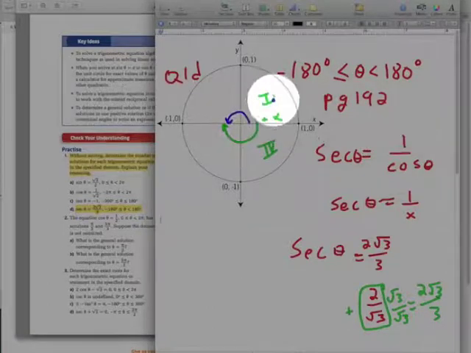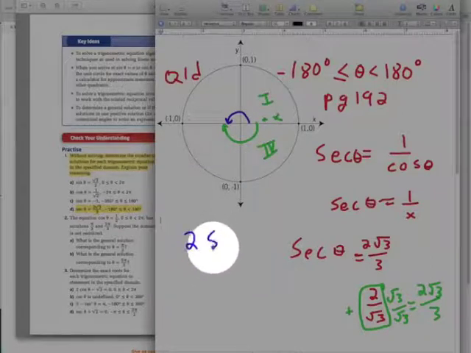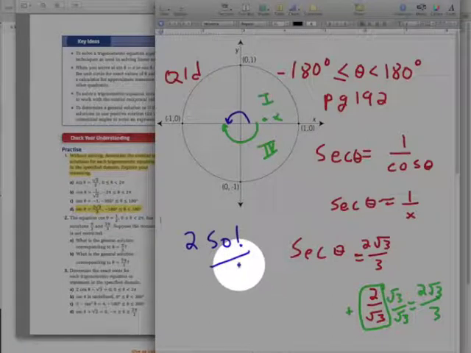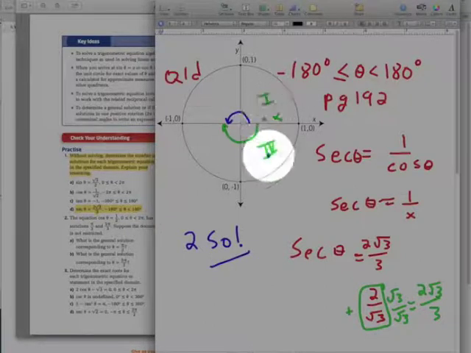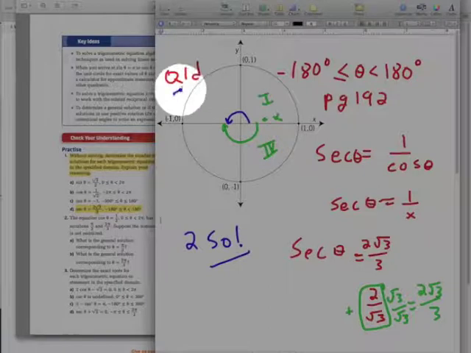And again, we're only going to hit one of the quadrants in that route. So when you go from theta down to minus 180 degrees, you'll hit one answer. And when you go from theta up to positive 180 degrees, you'll hit one answer. So that means we have a total of 2 solutions. There are 2 possible answers that we can have there, one in quadrant 1, as we identified, and one in quadrant 4. So that's all they're asking you to do there.